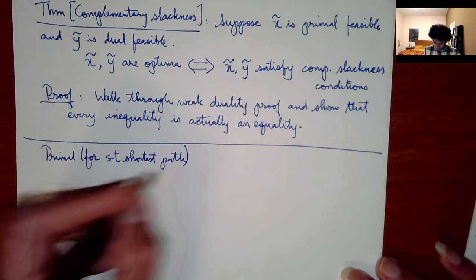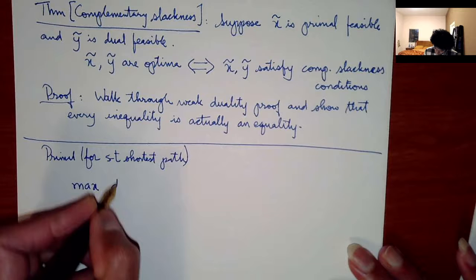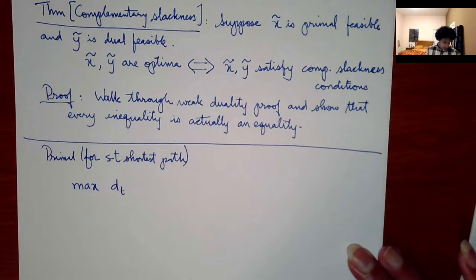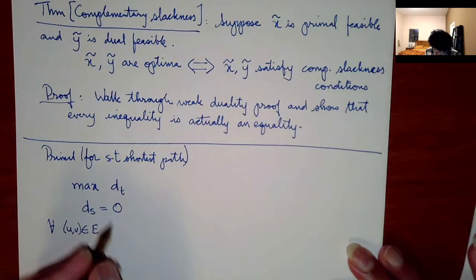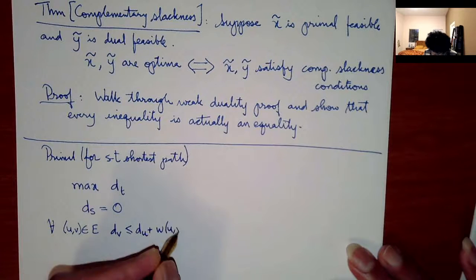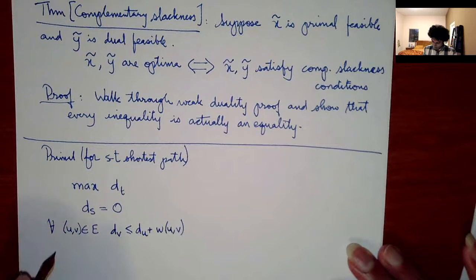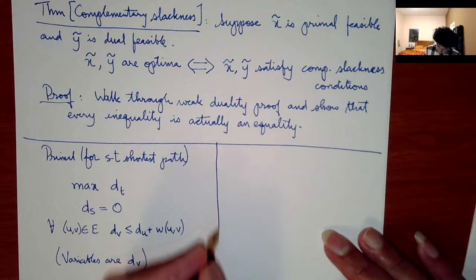I showed this in the previous lecture: we maximize dt subject to the distance of s to itself is 0, and for all arcs uv, the distance to v is at most the distance to u plus the weight of uv. And remember, the variables are dv. I have a variable for each vertex, the shortest path distance. Okay?